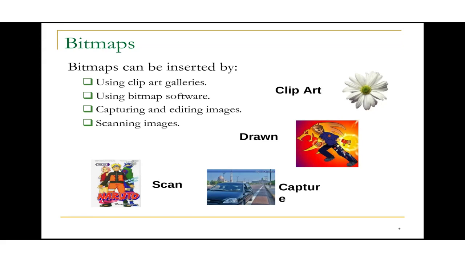But the other way of creating or getting images is by scanning. I think this is also something that is familiar. For example, you took a photo, and in those olden days, the photo was put on a frame. It's on paper. It's not electronic yet.